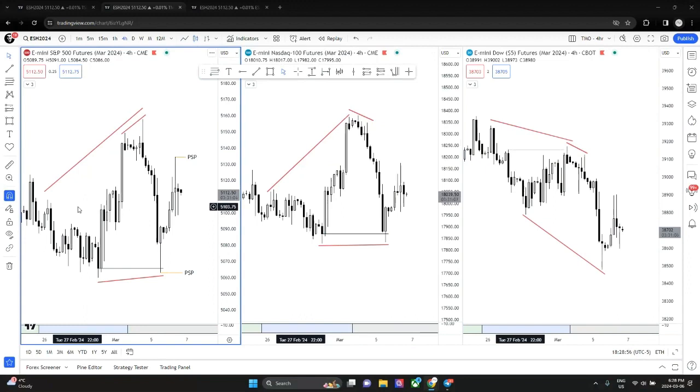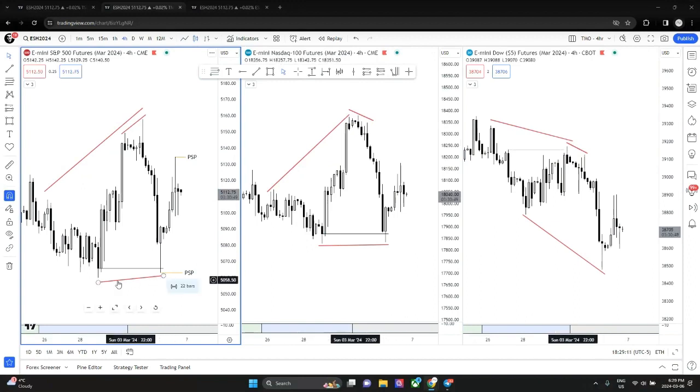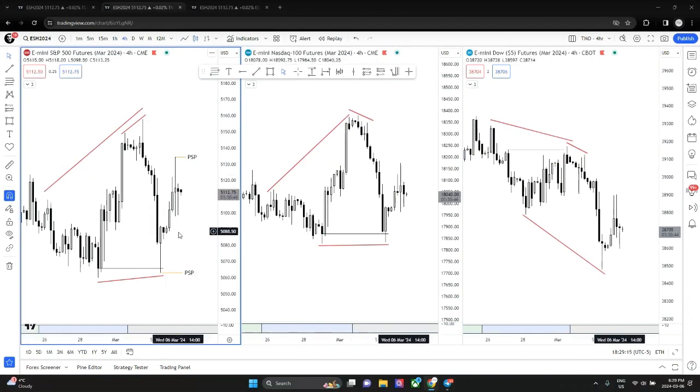But this is basic NFP week, and this explains why now we have low probability price action. If there was no sequential SMT here, then we could expect price to just drop. If there was none here, we could just expect price to rally.